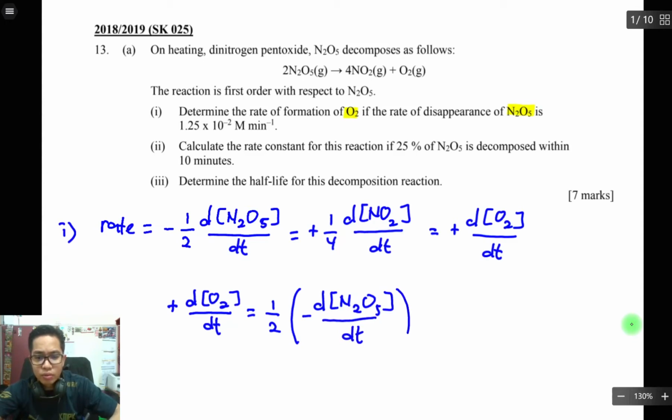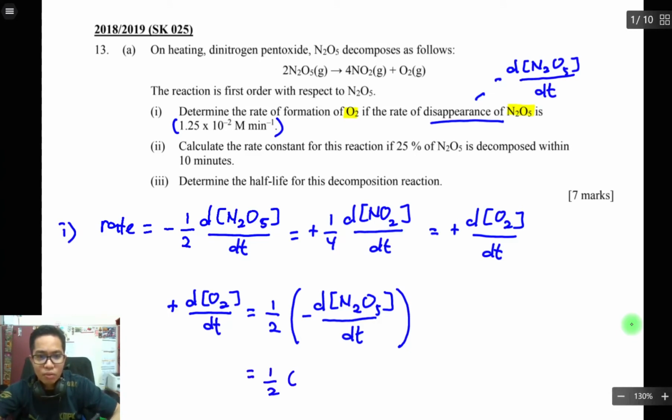I do it like this because the rate of disappearance of N2O5 is 1.25. So this part is actually written as negative dN2O5 over dt. So we just substitute the value.